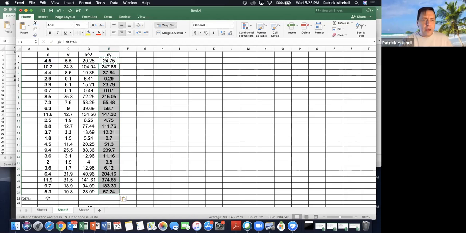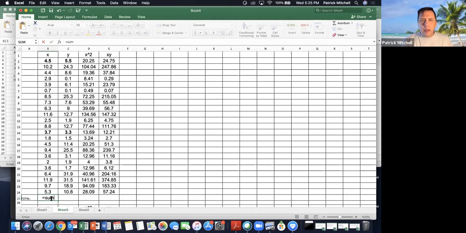And now, as I mentioned, I need the totals of all of these columns. So I am at the bottom of the X column, where I'm going to type equals sum, and then I'm going to tell it to sum all of these values. And you see what it put right here. That's Excel notation for find the sum of cells B2 through B24.